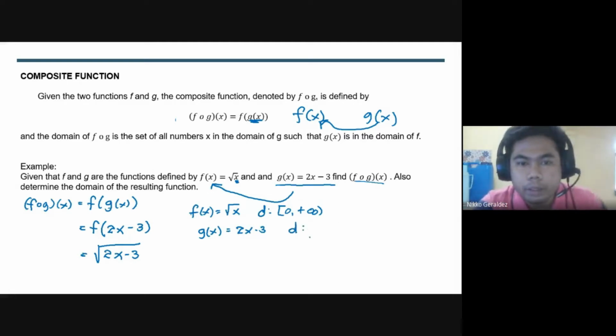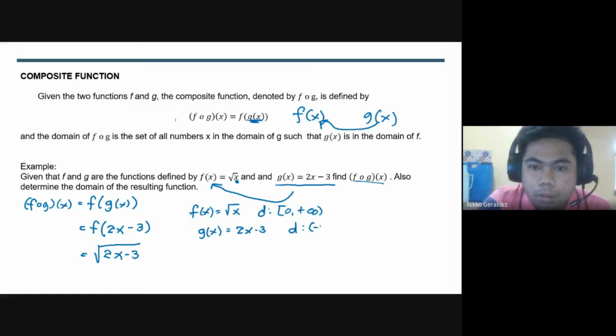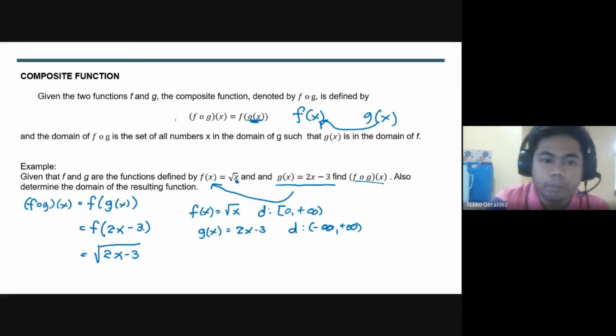Ano domain? All real numbers, or negative infinity to positive infinity. So, ano domain ng resulting function na f of g of x equal to square root of 2x minus 3?